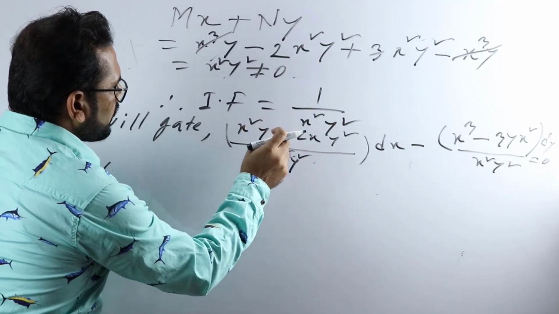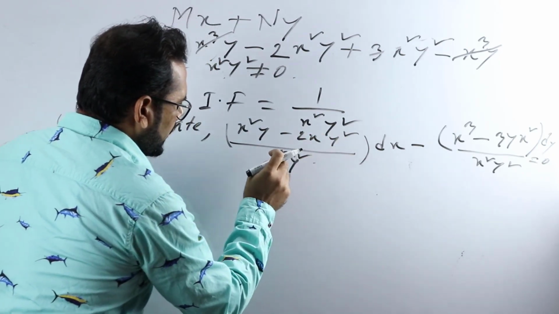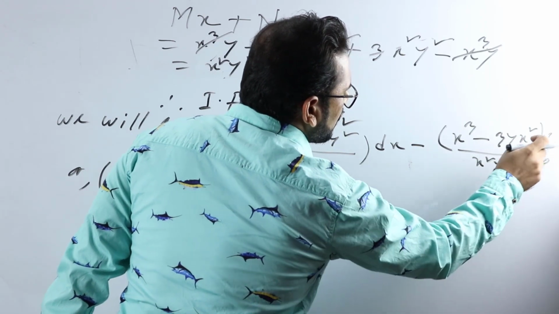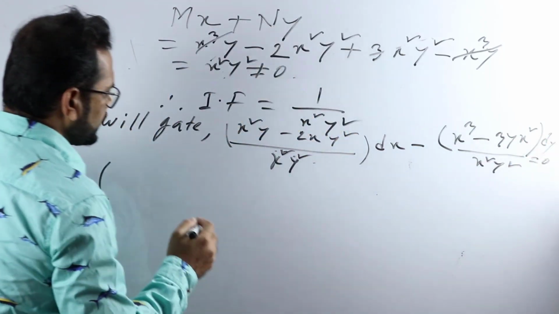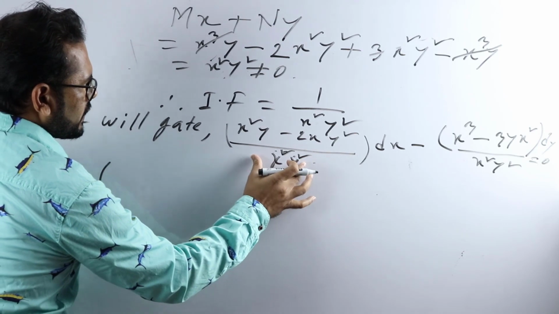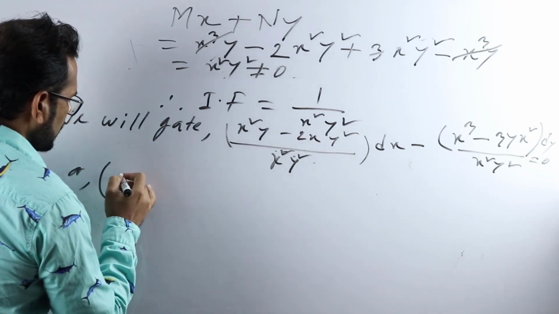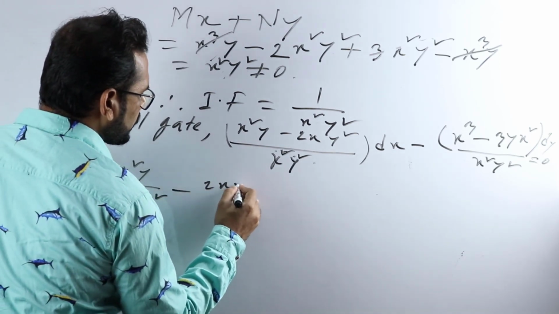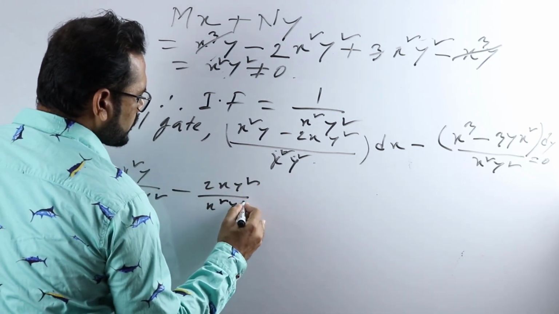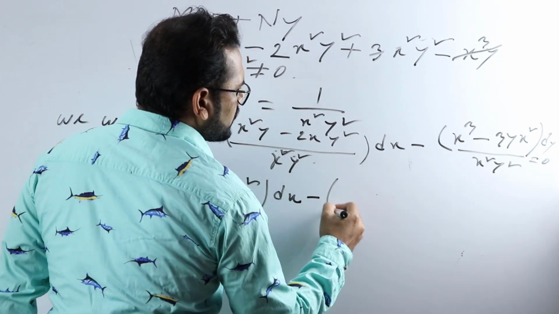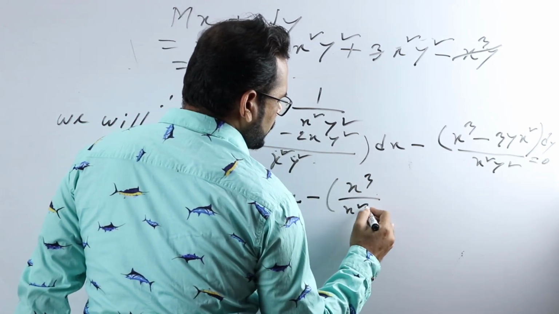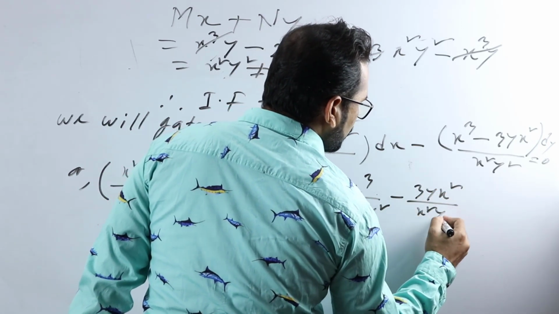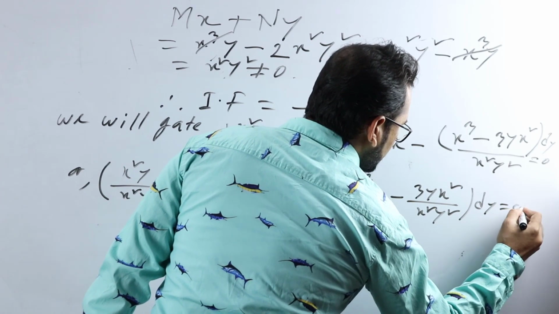Here (x square y minus 2x y square) divided by x square y square dx minus (x cube minus 3y x square) dy divided by x square y square is equals to 0. Then if we distribute this term among these two terms, then it will be x square y divided by x square y square minus 2x y square divided by x square y square dx minus x cube divided by x square y square minus 3y x square divided by x square y square dy is equals to 0.